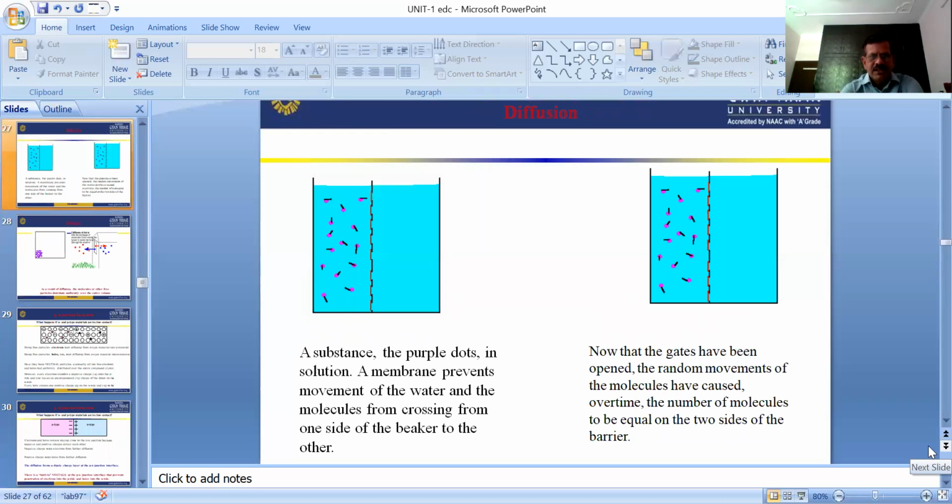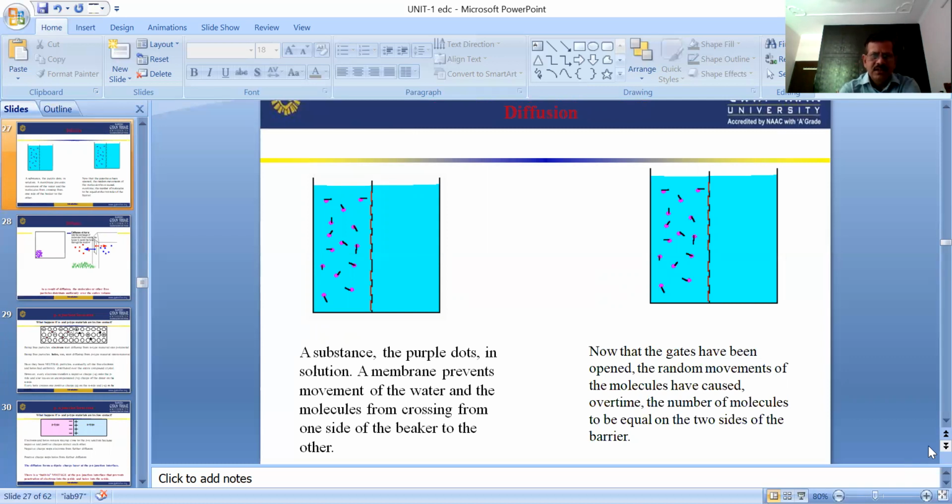Here is a substance, the purple dots in solution, and a membrane prevents movement of the water and the molecules from crossing from one side of the beaker to the other.